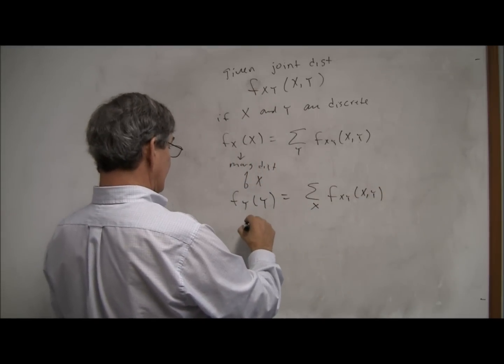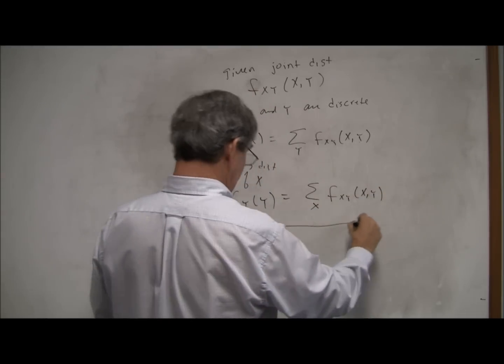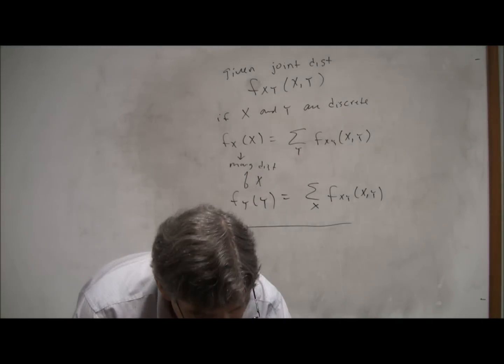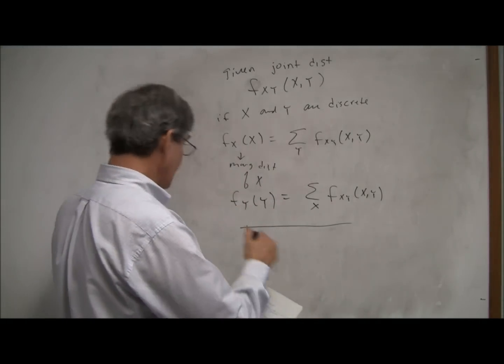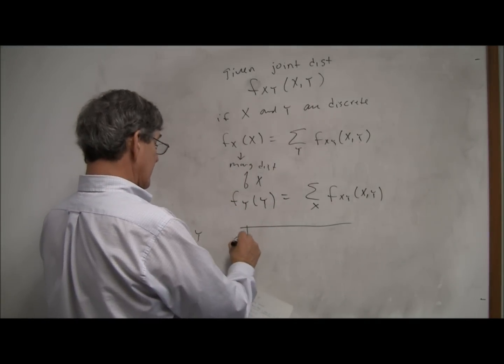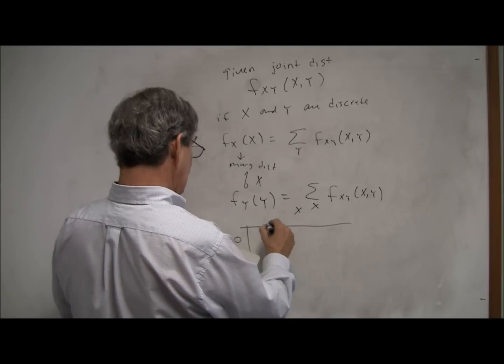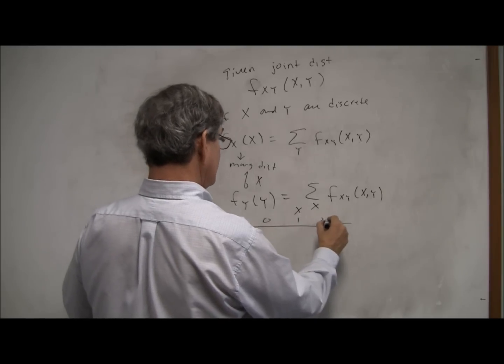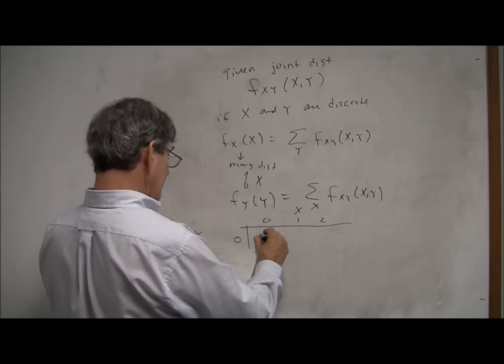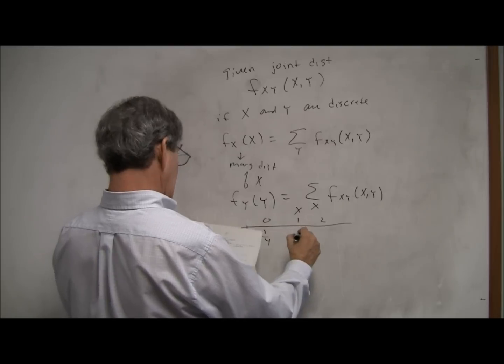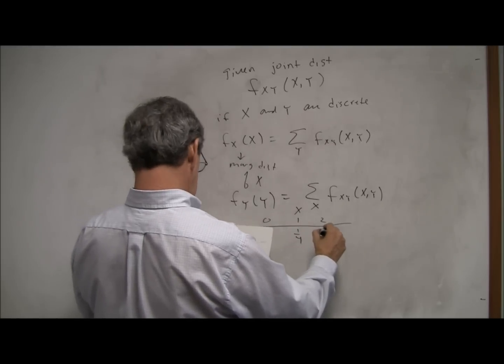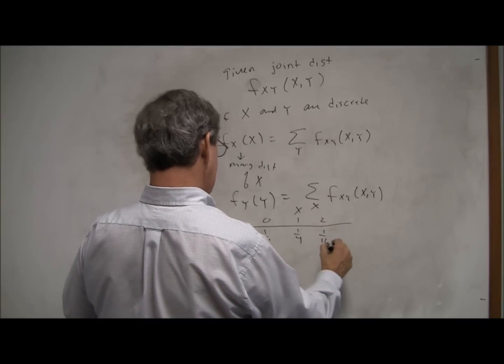Remember, like if we take that first row in our example, we had y over here, and this was 0, and this is x, and it could be 0, 1, and 2. And the probabilities were 1/4, 1/4, and 1/16.